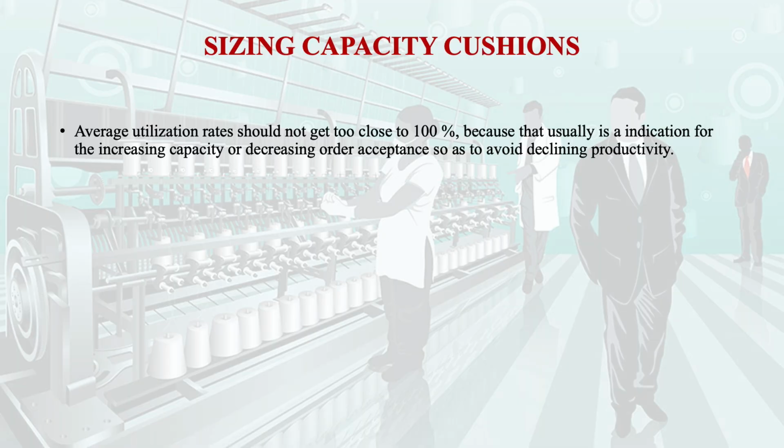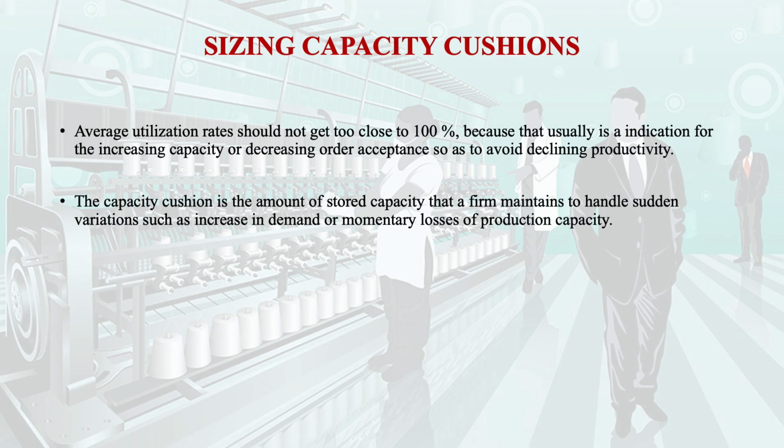If I take the first one, that is sizing the capacity cushion. Average utilization rate should not get too close to 100%, because usually it is an indication for increasing the capacity or decreasing order acceptance so as to avoid declining productivity.